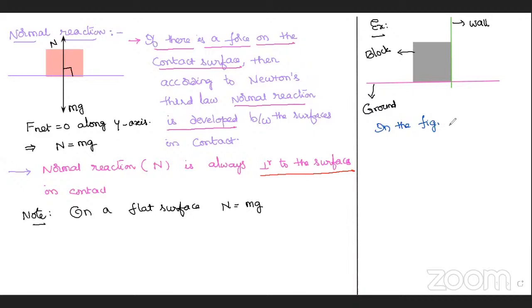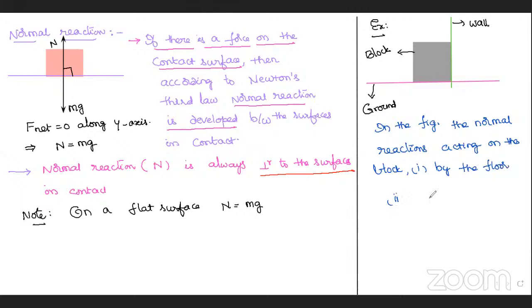In the figure, find the normal reactions acting on the block: one by the floor, and one by the wall. One minute, try to get the answer here.